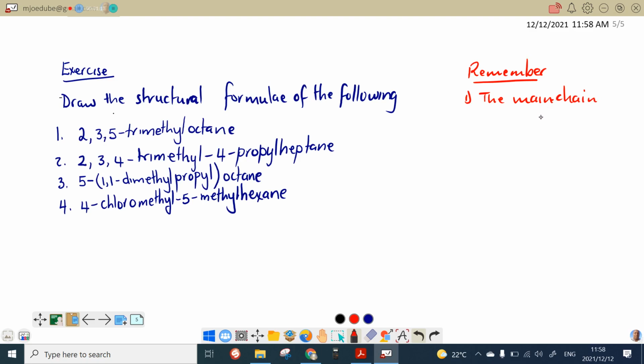Identify the main chain, and when you've identified it, you need to know how many carbons are in the main chain. And then thirdly, you must be able to number the carbons accordingly.